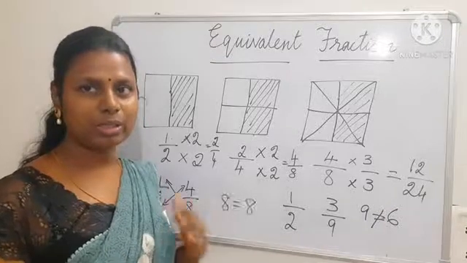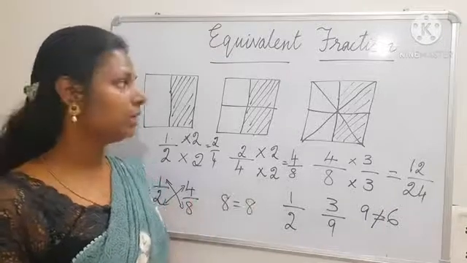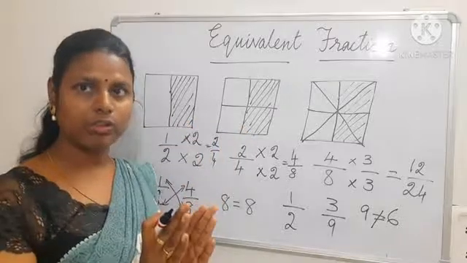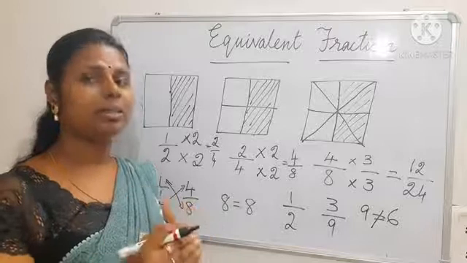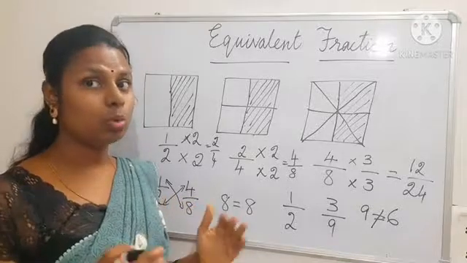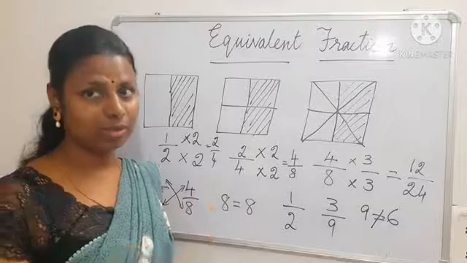Okay, you understood what is equivalent fraction? I hope so. Equivalent fraction means the same portion, but there are some changes in the numerator and denominator. Those fractions are called equivalent fractions.